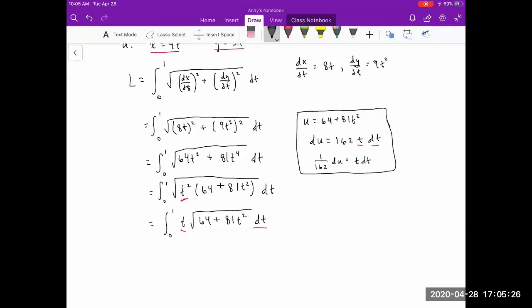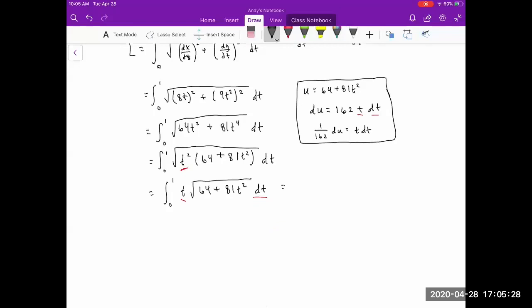The only thing is that the limits will change. We have the square root of u, which I'll write as u to the 1/2, and t dt is replaced by 1 over 162 du.